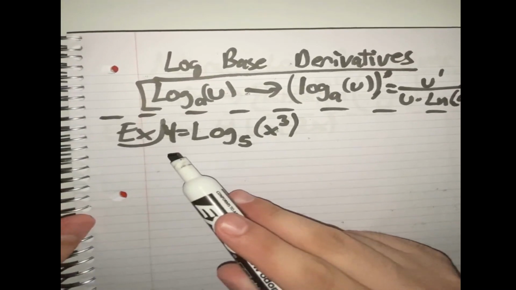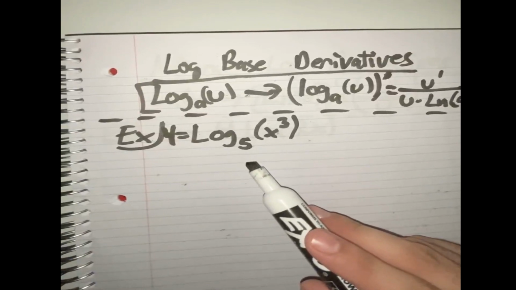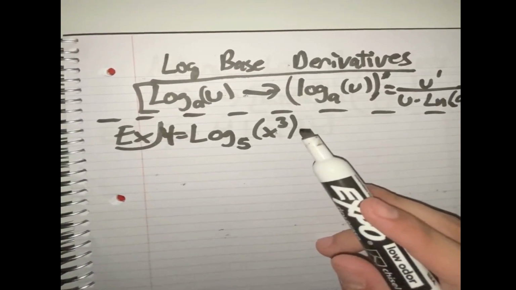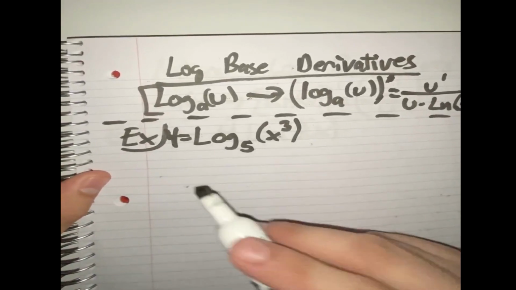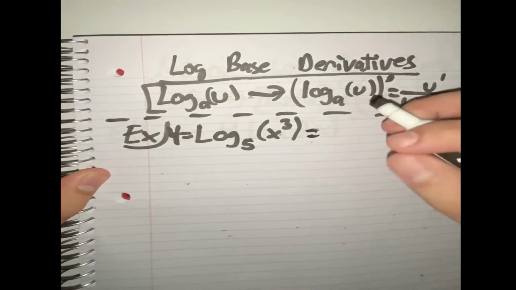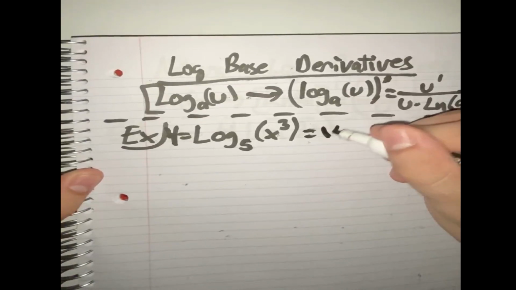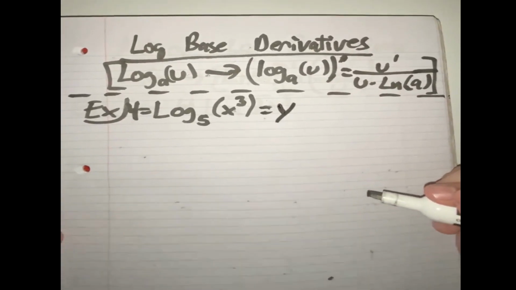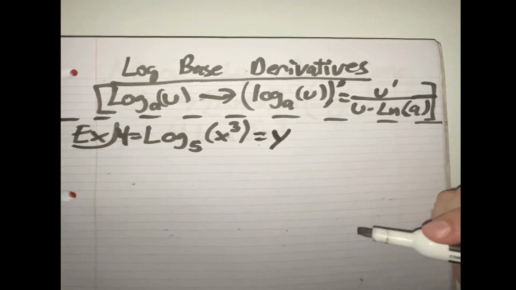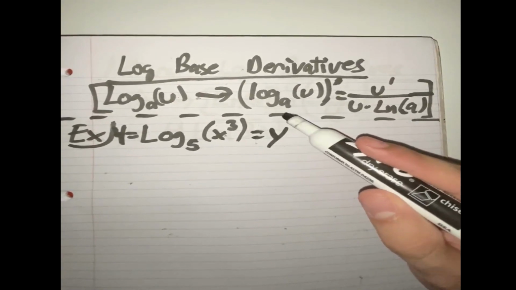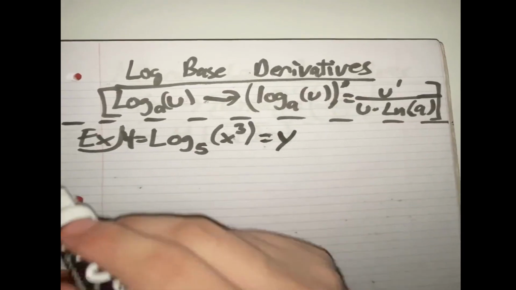Right here, we have y equals log base 5 of x cubed. We need to recognize the form of this as log of base a of u.